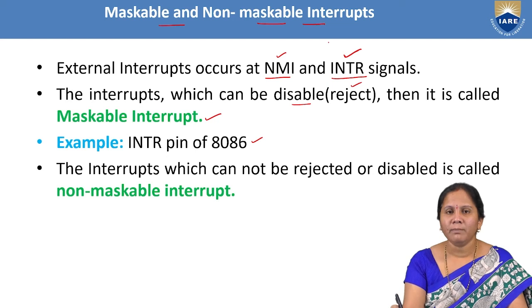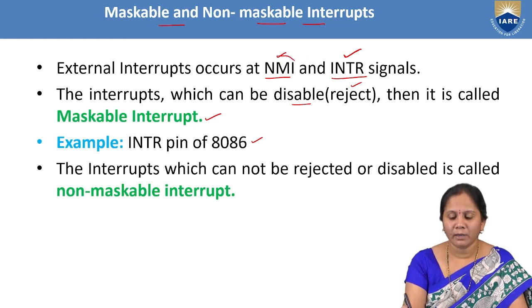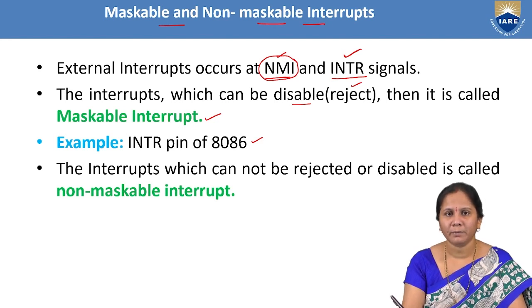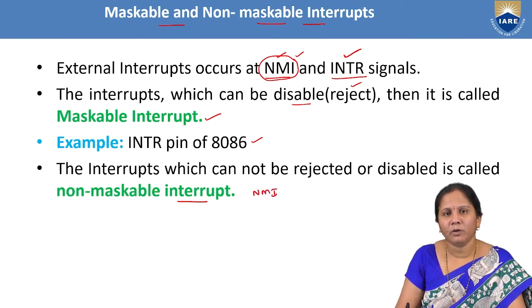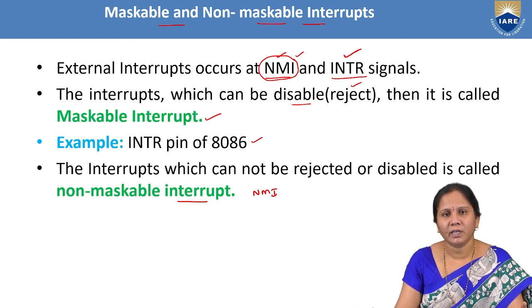Now, non-maskable interrupt. The pin name itself says NMI, which represents non-maskable interrupt. If any interrupt is coming through this NMI pin, that interrupt is called a non-maskable interrupt. Non-maskable interrupt means the interrupt that cannot be disabled or ignored. That means that particular interrupt must be accepted.